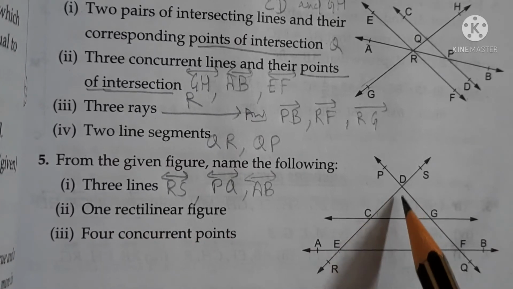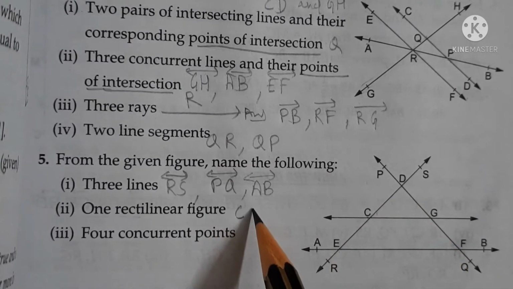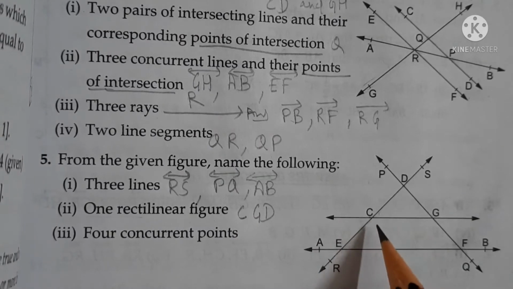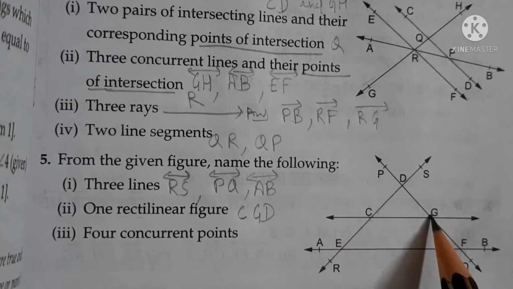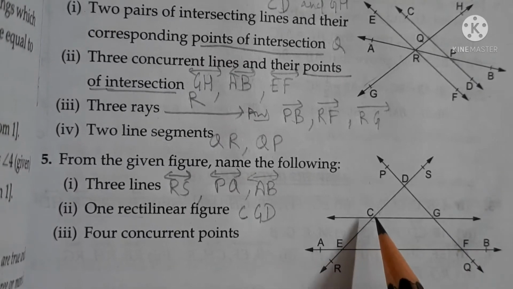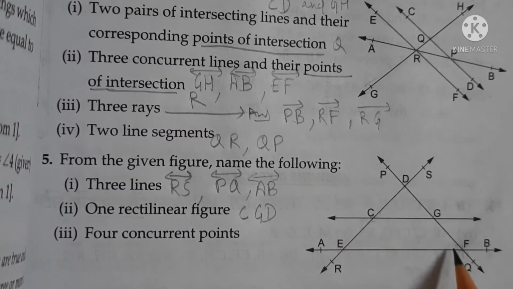So you can write C, G, D. You can write this, this is also C, G, F, E, and in other form C, E, F, G.